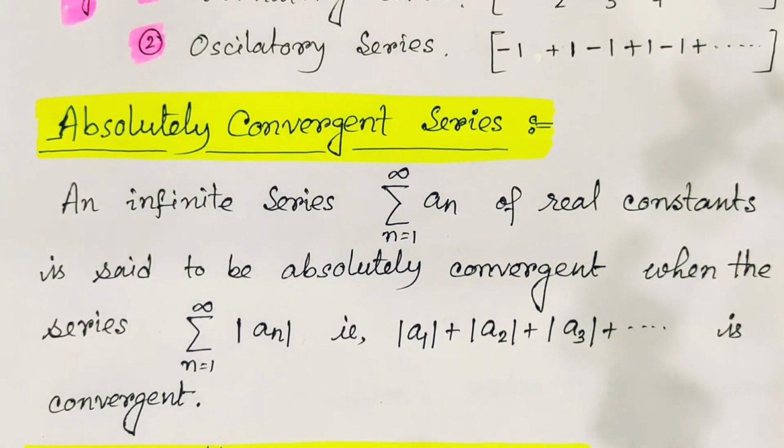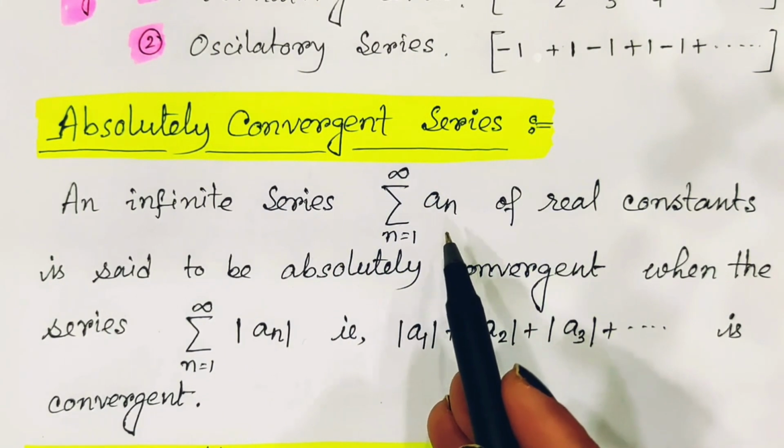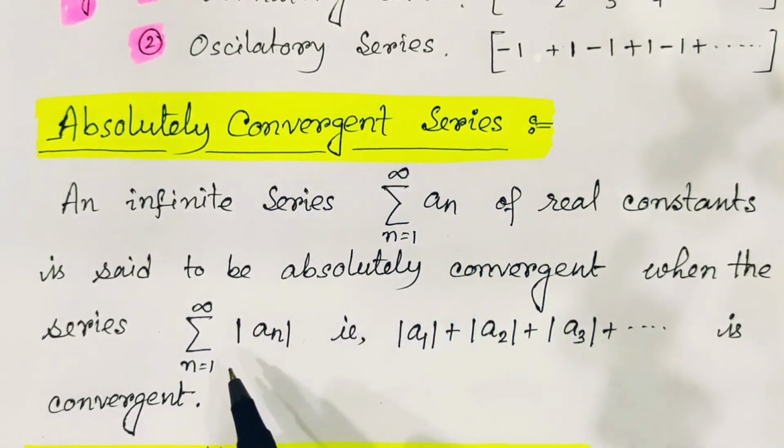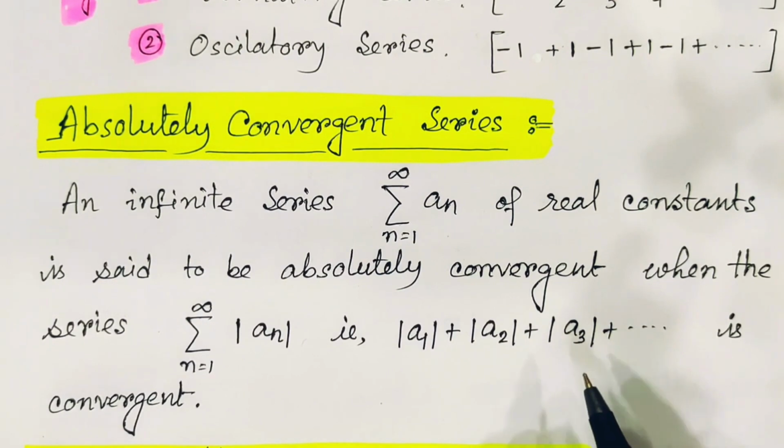Then the series is called the absolutely convergent series. I hope you can guess from here that whatever series is given, it is a mixed series, that means a few terms negative, a few terms positive, and when we take the mod of each and every term, then the entire series becomes positive. So this one also we can say is a positive term series.